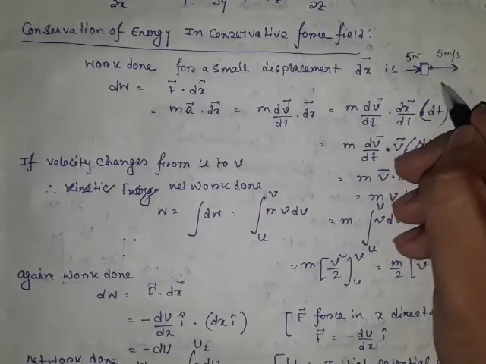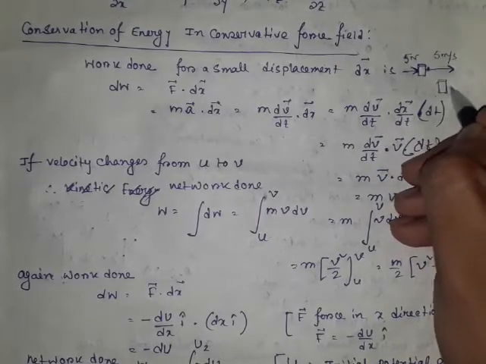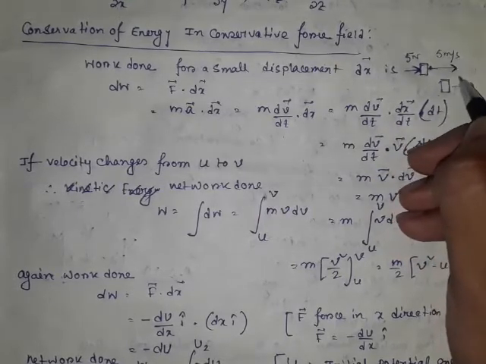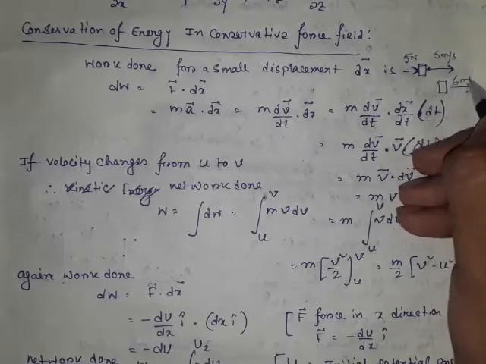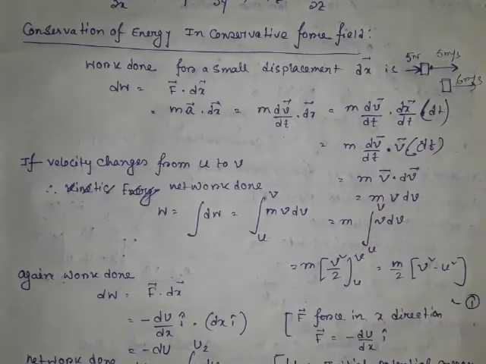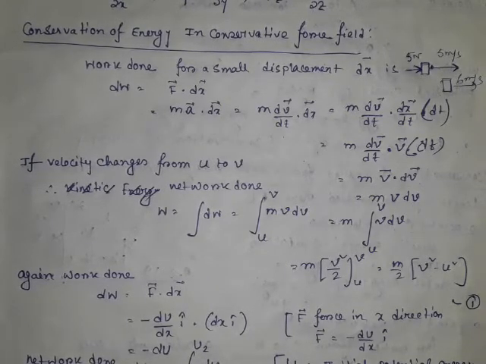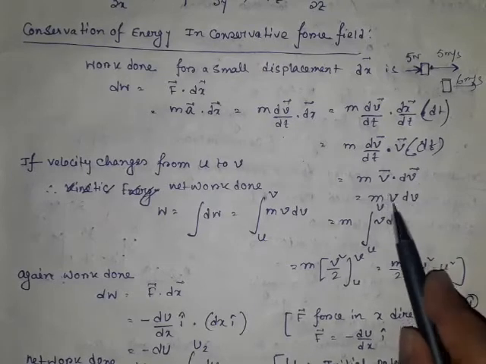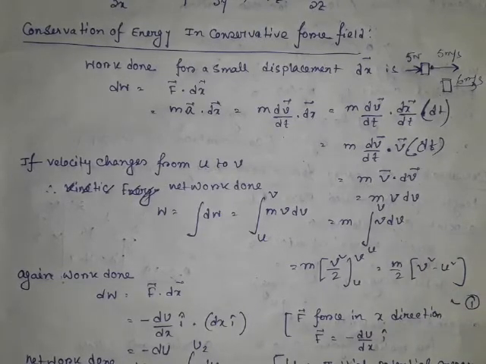After that its velocity has changed, and it becomes 6 meter per second. So the change in velocity also occurs in the same direction of the motion because it got some acceleration. That's why I am saying that dv and v are in the same direction.